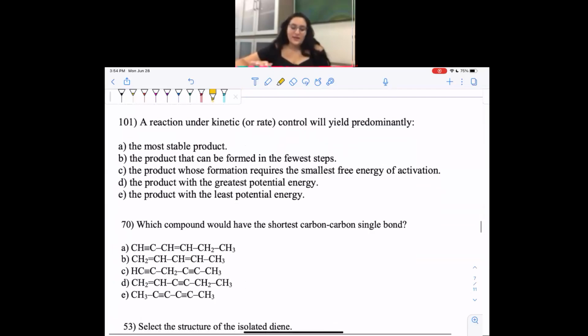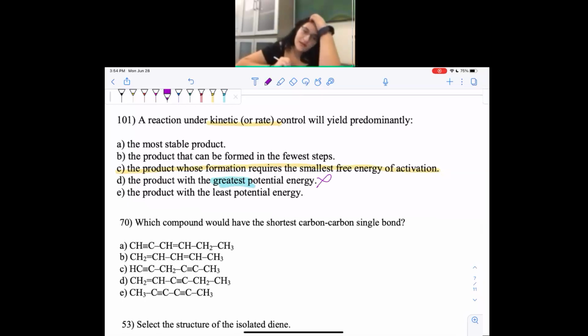A reaction that is under kinetic control is going to give you the kinetic product. The only answer choice that explains the kinetic product is this one. Remember, we're never doing greatest. If you see greatest, garbage.